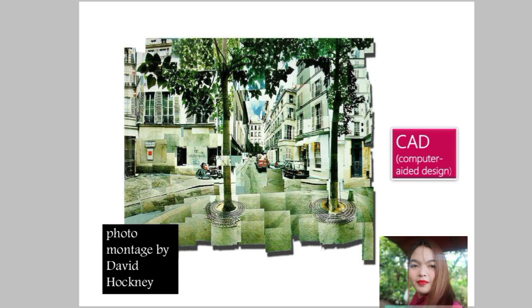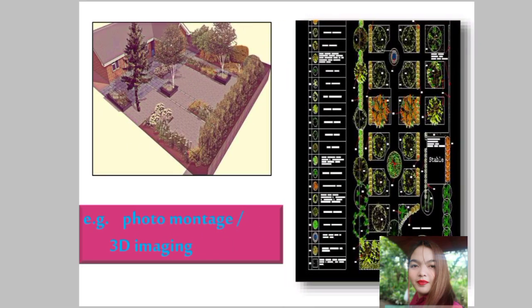Another AutoCAD is CAD, which means computer aided design. Example, photo montage, 3D imaging. The thing, you can click that on the AutoCAD and automatically it can put on your design. And you can add the names of the plants that you are going to put.